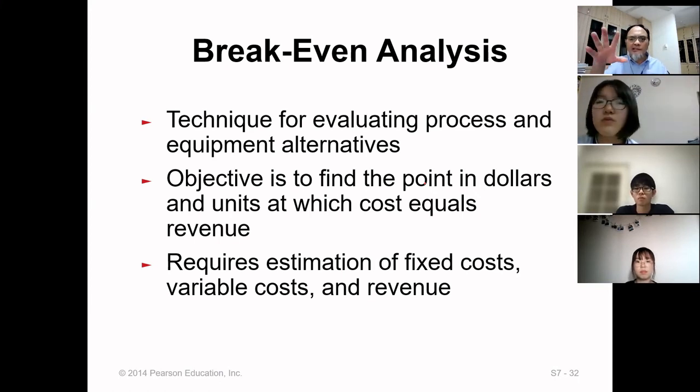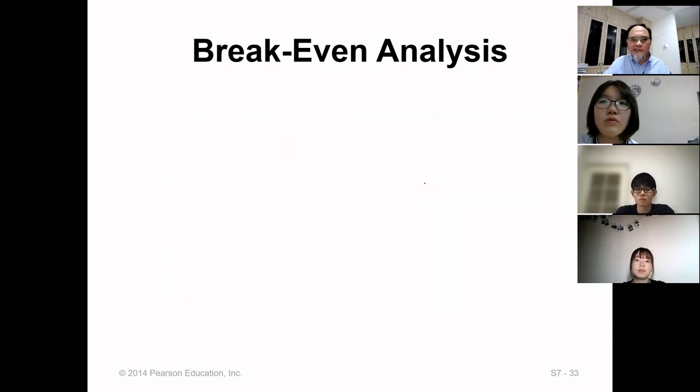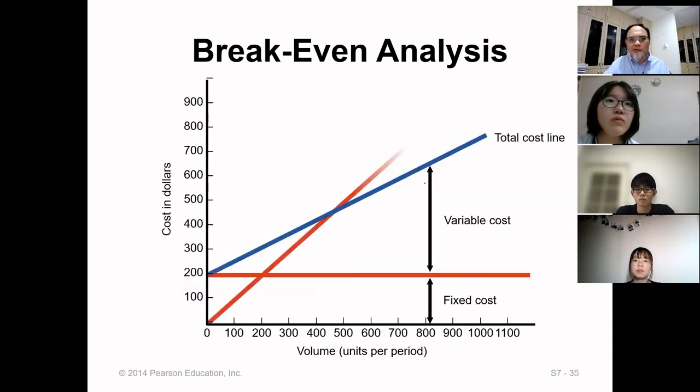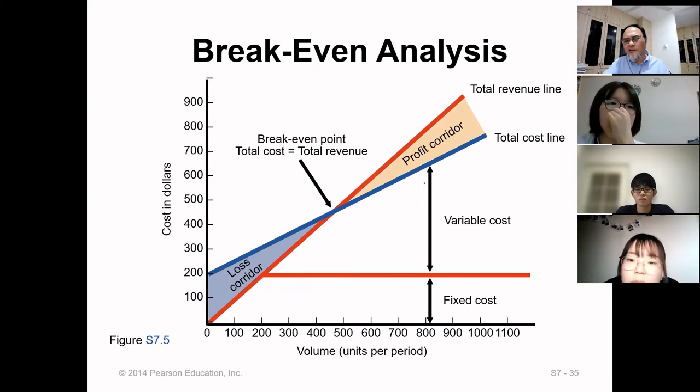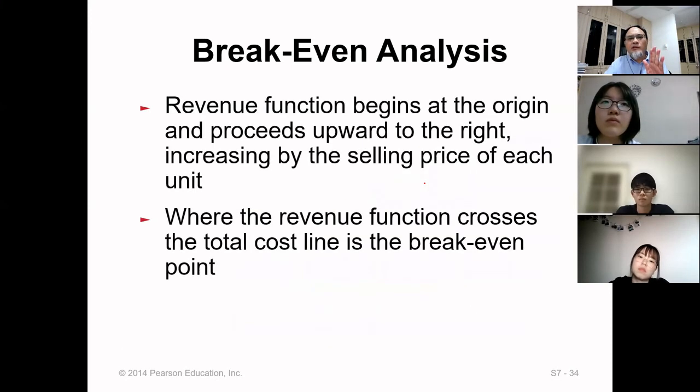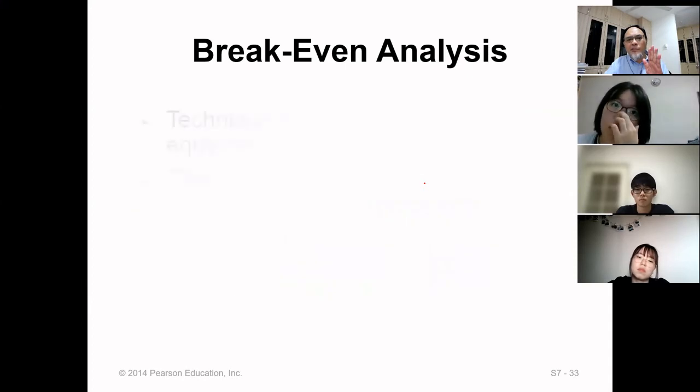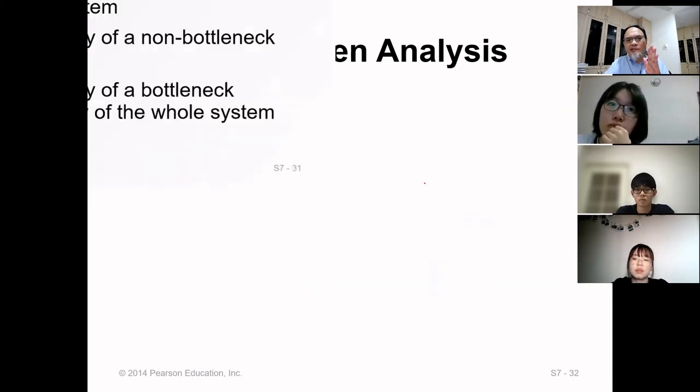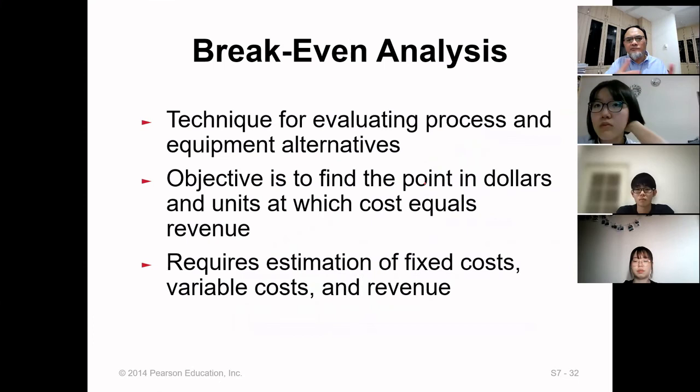So break-even analysis. Have you heard of break-even analysis? We did this before in our chapter, almost similar concept. This is very important for any analysis of variable cost, fixed cost, and revenue income.